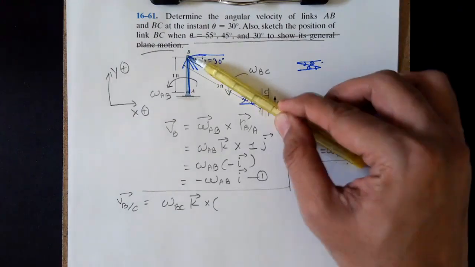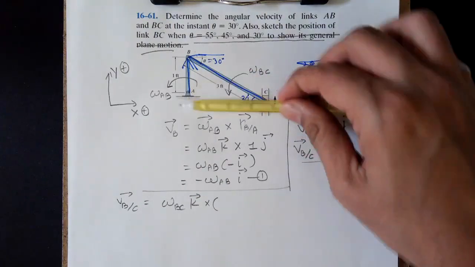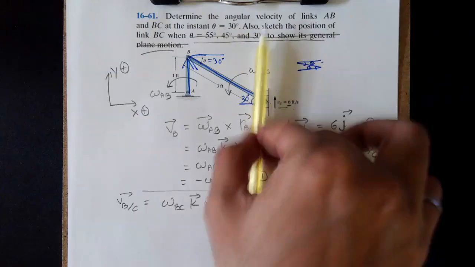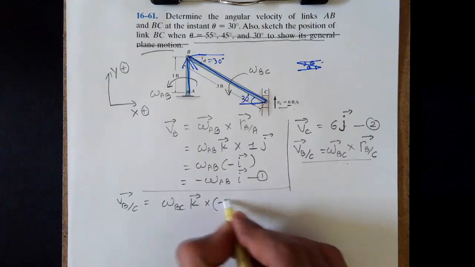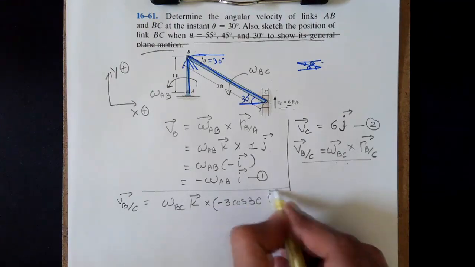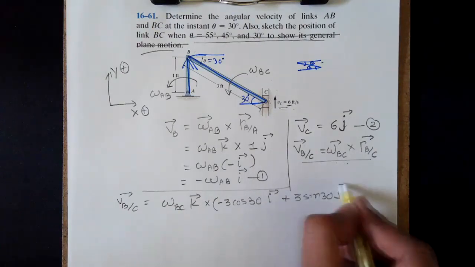When you resolve this using the 30-degree angle, you will get negative i and positive j components. So it's minus 3 cosine 30 i plus 3 sine 30 j.